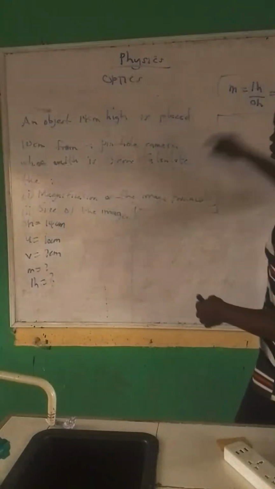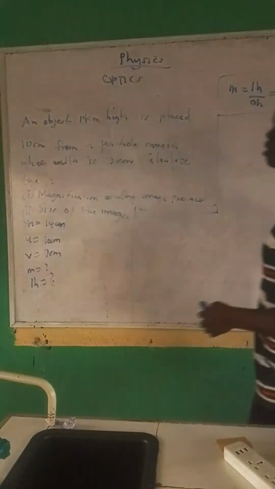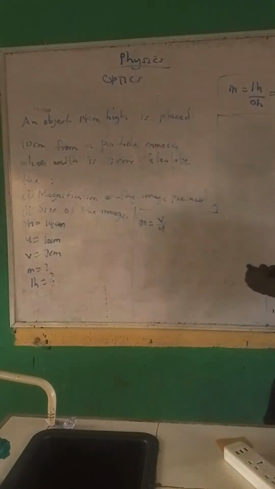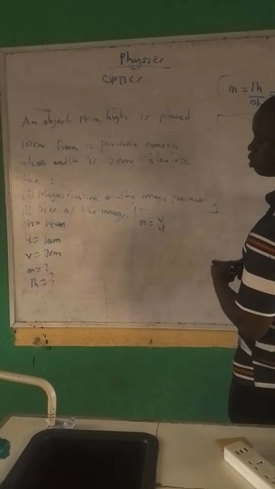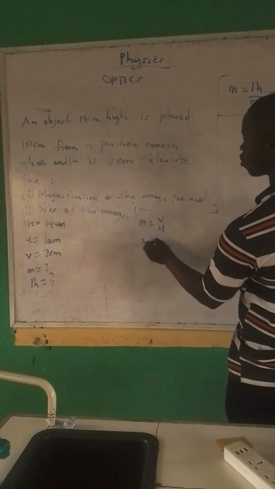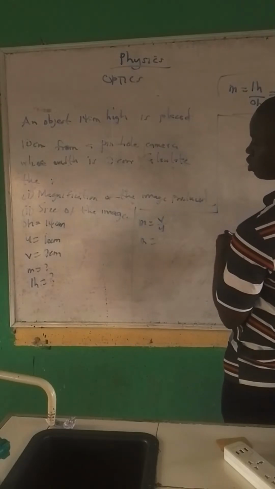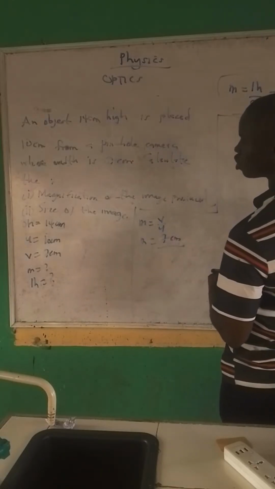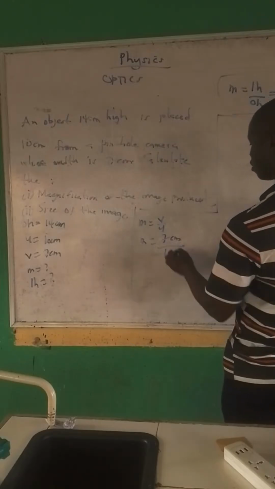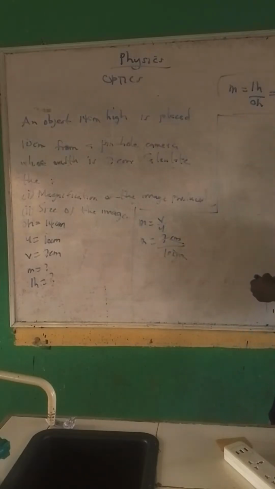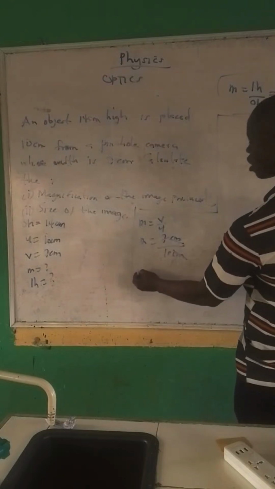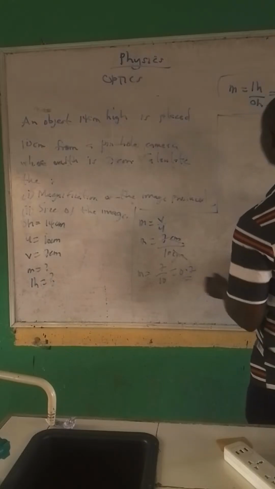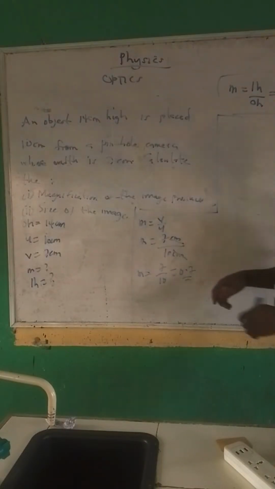We have the object distance and the image distance, so we use those. M equals V over U. V is 7 centimeters over U, which is 10 centimeters. Of course, the units cancel, so we are left with M equals 7 over 10, which is 0.7. So that is the magnification basically.